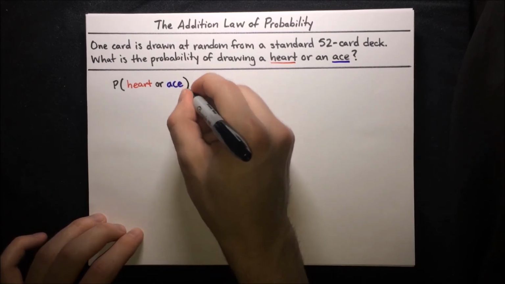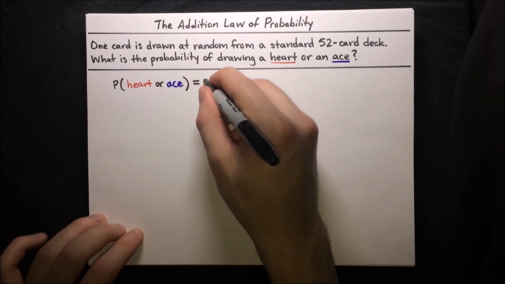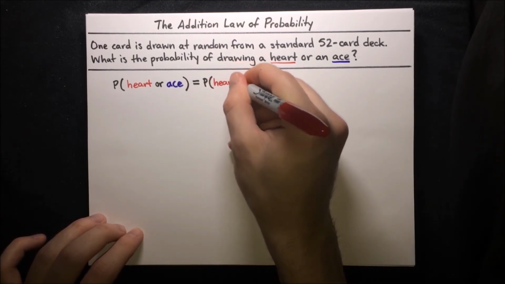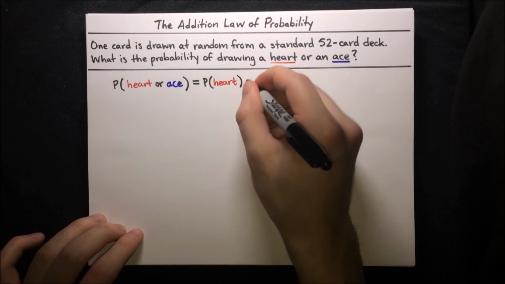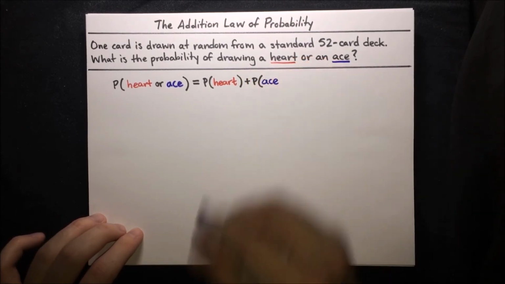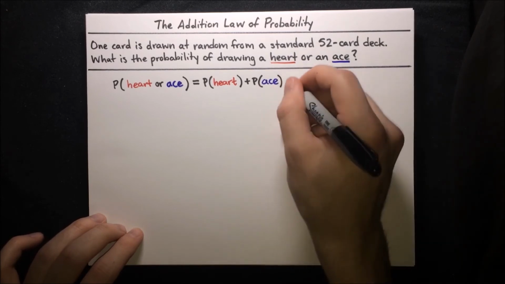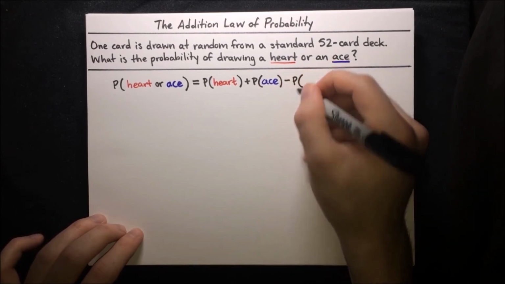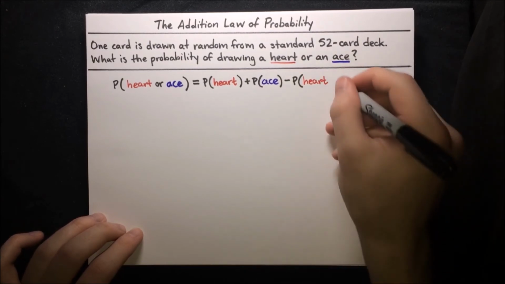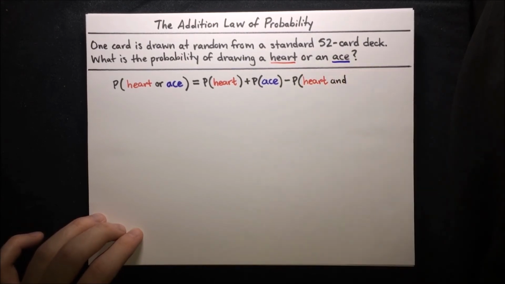Probability of drawing a heart or an ace is equal to the probability of drawing a heart plus the probability of drawing an ace minus the probability of drawing a heart and an ace.